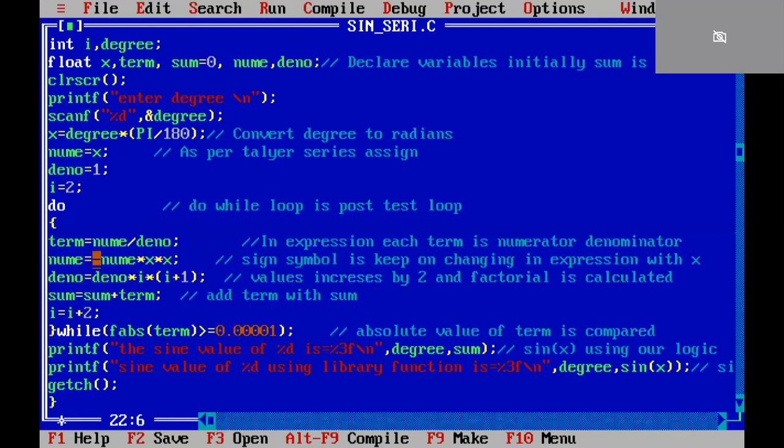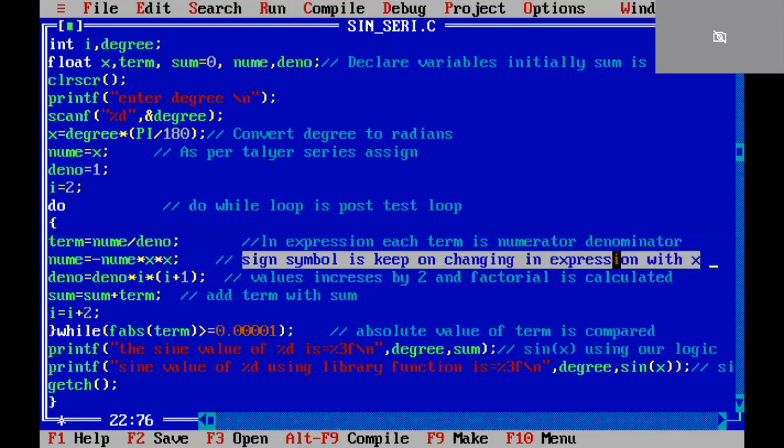In the equation, the sign keeps on changing. Initially it is plus, later it is minus, again plus, minus, keeps on changing. To get that, we multiply x into the numerator factor. That comment is also given in the program.